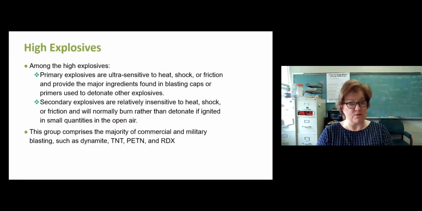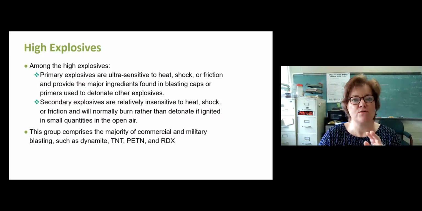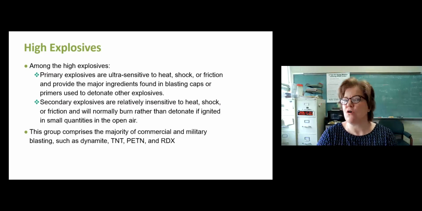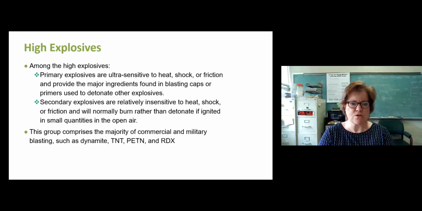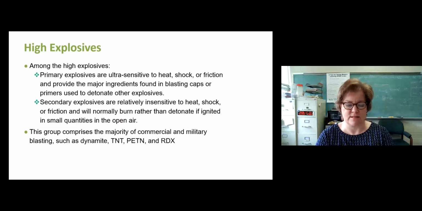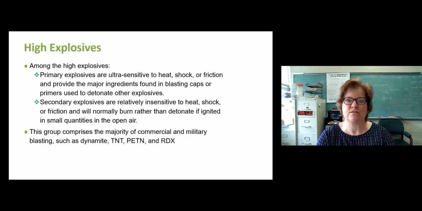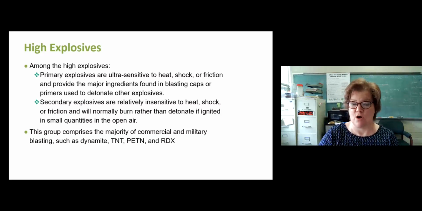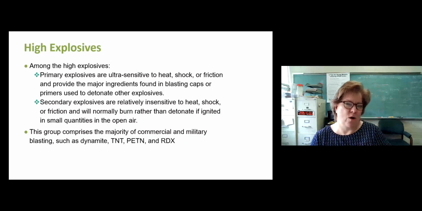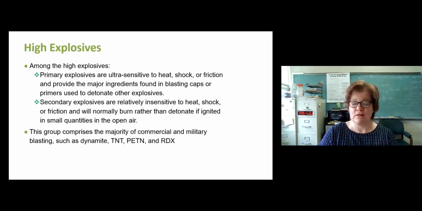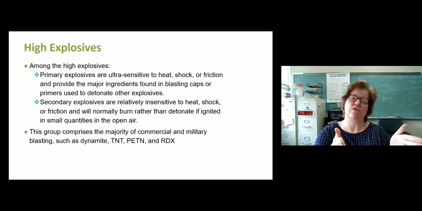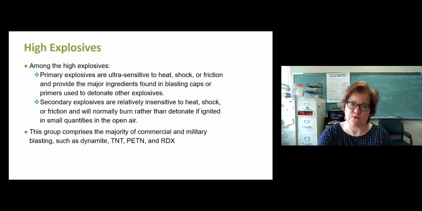On the other hand, we have high explosives. There are two different types, but these are not required to be in a container. Primary explosives are very sensitive to heat, shock, being hit, and friction, so the slightest thing will set them off. They're not quite as powerful, but they're perfect for setting off the other type, which is called secondary explosives.